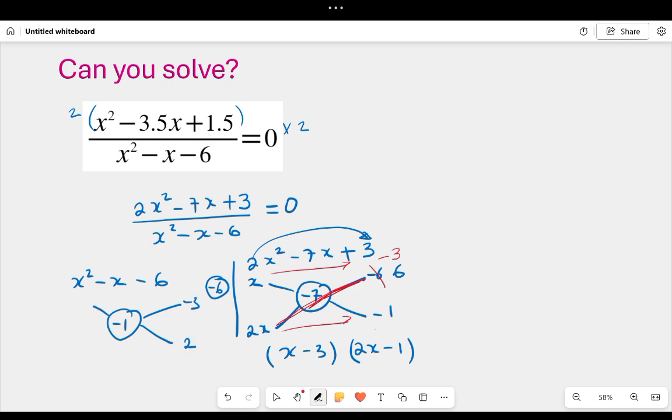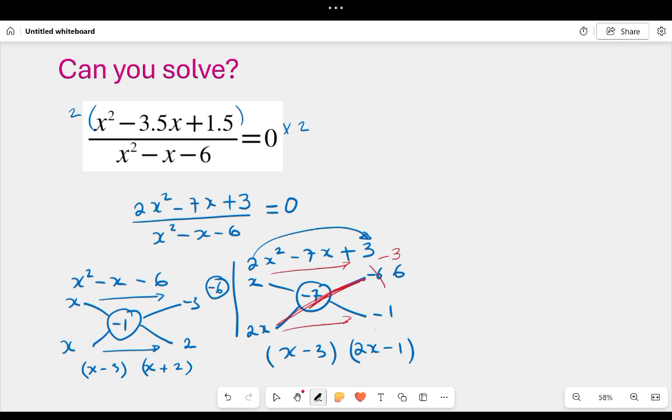And on this side here, we know x squared can be split as x multiplied by x. And therefore, having the horizontal connection, our factors are x minus 3 and x plus 2. Now, our next step, we are going to combine both quadratics in a factored form.